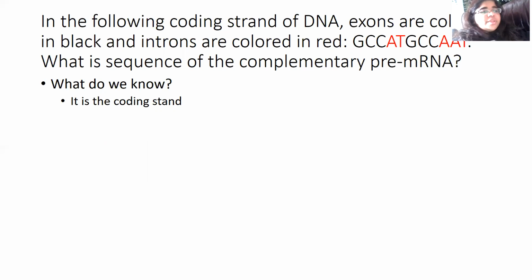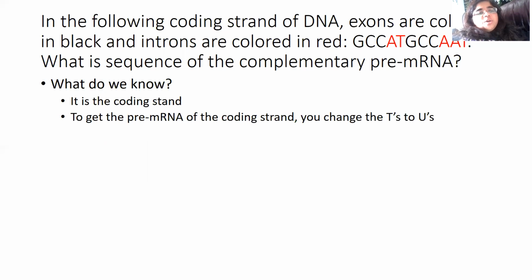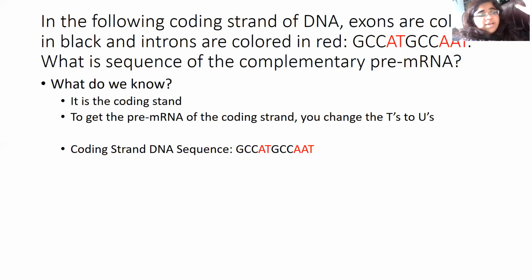So when it's the coding strand, to get the pre-mRNA of the coding strand, you just need to change the T's to the U's, right? With RNA having uracil instead of thymine, right? So when you do that, you have this sequence, right?